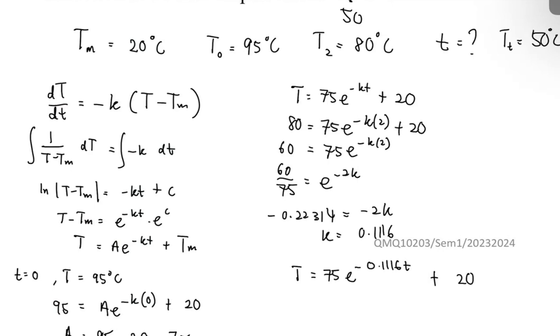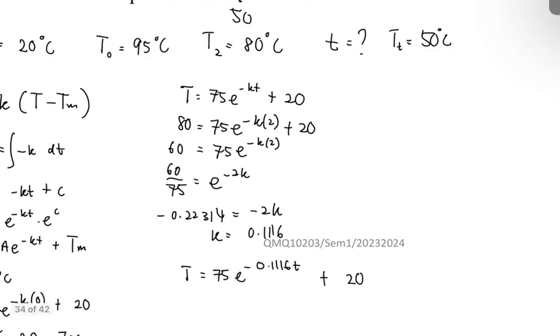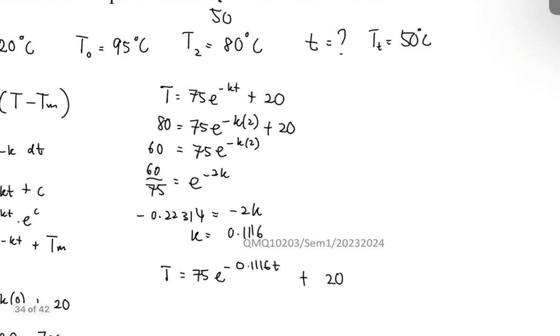So we are looking for the time when the soup is at 50 degrees. When the temperature of the soup is 50 degrees, we need to solve for small t. So 50 equals 75 exponent minus 0.1116t plus 20.